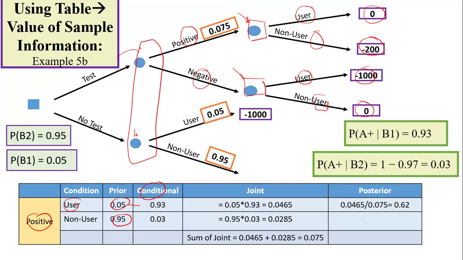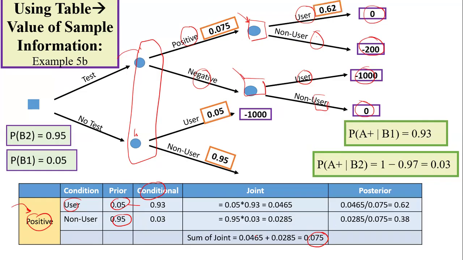Okay. Posterior probability. This is testing positive with a drug user, 0.075, right? You look at that. This is a joint probability. Tested positive, right?